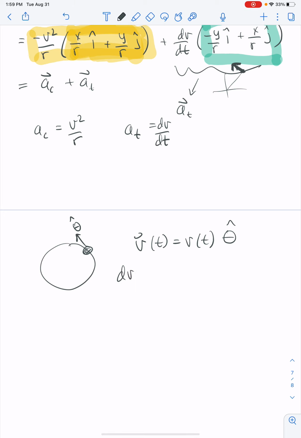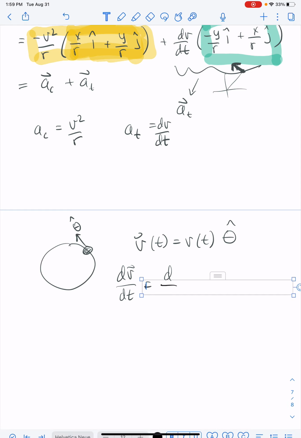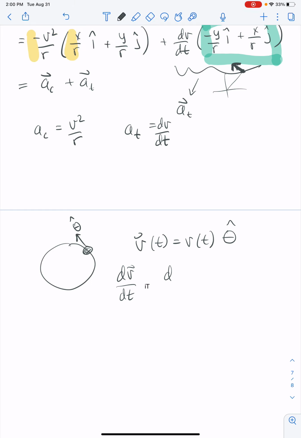Now, if I imagine taking the time derivative of this velocity, sorry, iPad problems. Take the time derivative of v of t times theta hat.